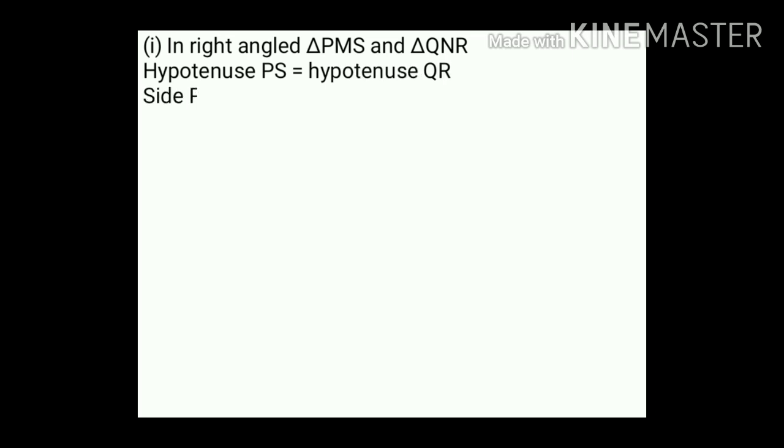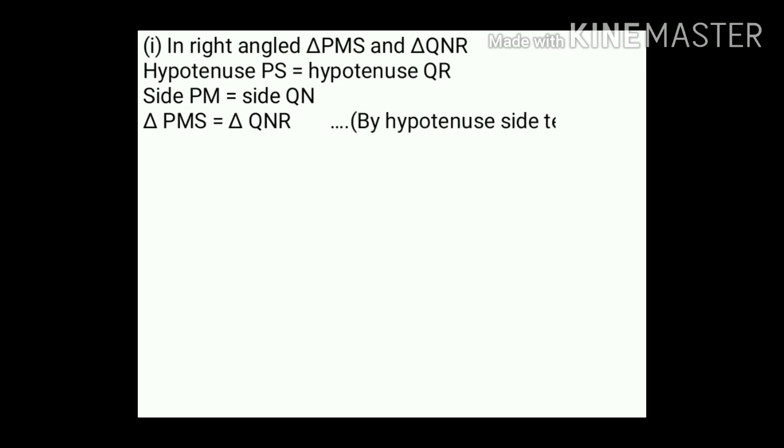PS and QR both will be, children, congruent and equal. Side PM equal to side QN. Triangle PMS is congruent to triangle QNR, by the hypotenuse side test.